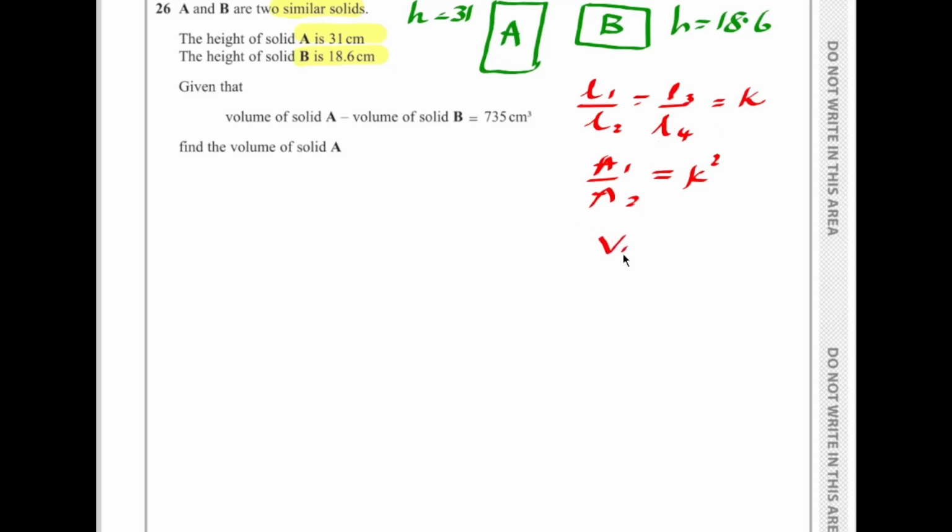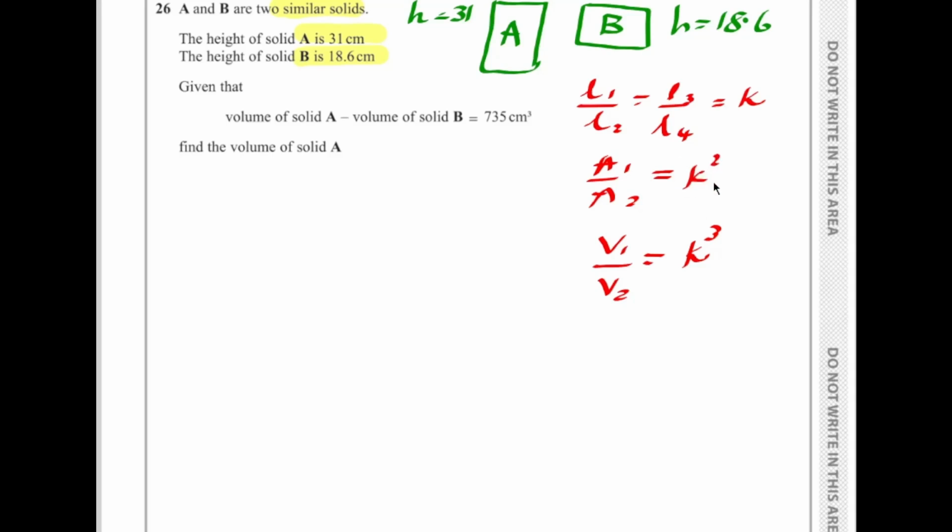Third equation, volume of 1 over volume of 2 equals the volume ratio equals K cubed, which means the scale factor cubed. So if you have one scale factor, from that one you can move on to the other one. So let's say that we have this area scale factor.